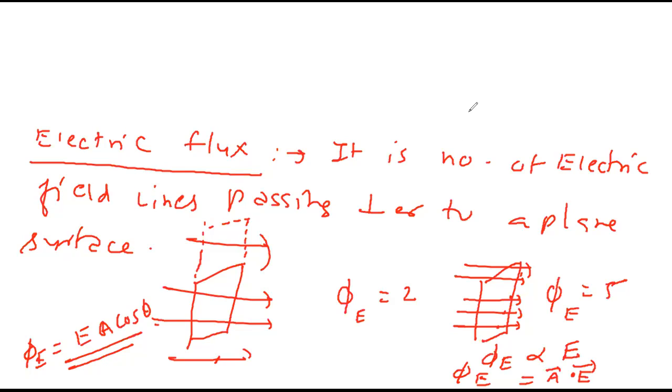So based on this concept, flux is E A cos theta. Just see 2-3 examples. This is the plane of the surface. The area vector is perpendicular to this plane.